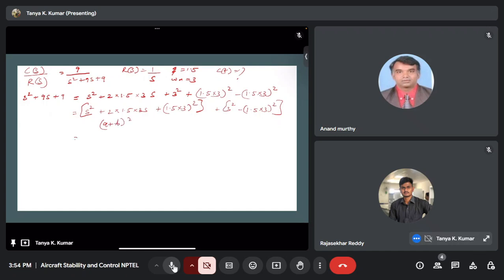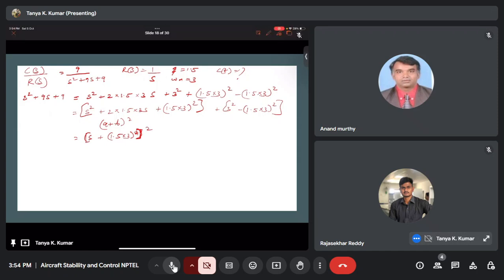So what comes is s plus 1.5 into 3 the whole squared. Let's write this neatly. And you have minus, taking it common, 3 squared times 1.5 squared minus 1, right?